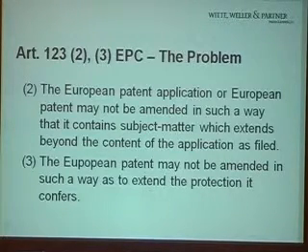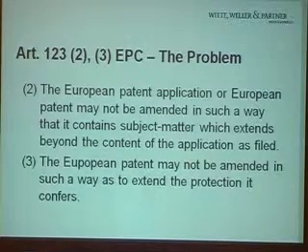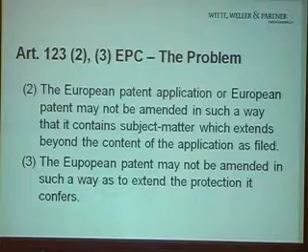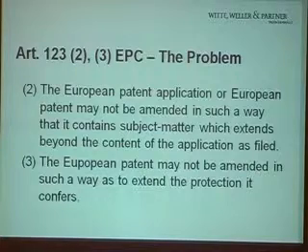During amendment, you may enter certain features into the claims, and maybe these certain features may not be supported. They may not be found in the original disclosure. So you may contravene Article 123(2).